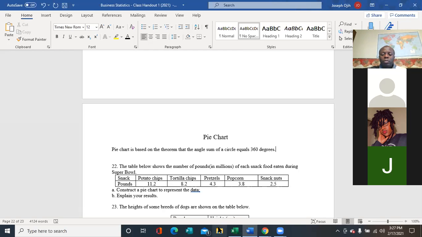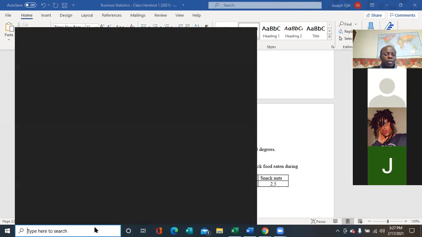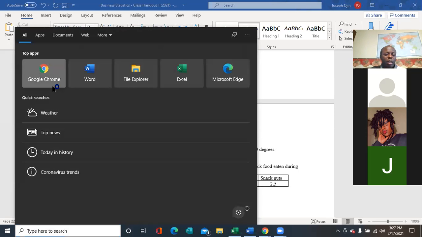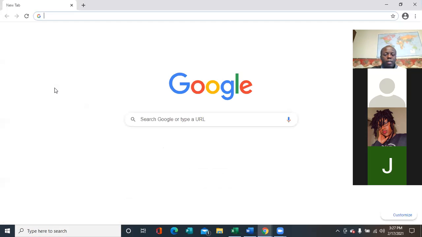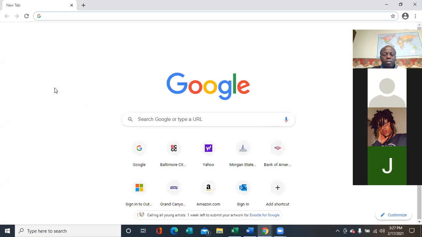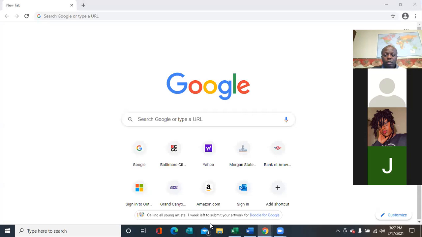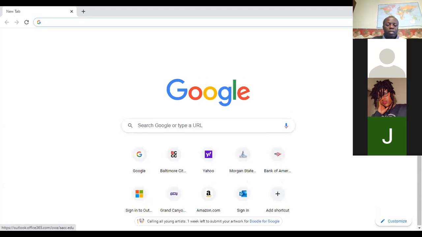Let me show you how the protractor looks. I have to open Google so I can show you, and then share it. Okay, so you can see Google now, right?